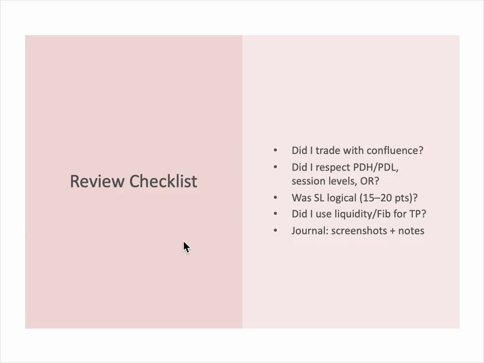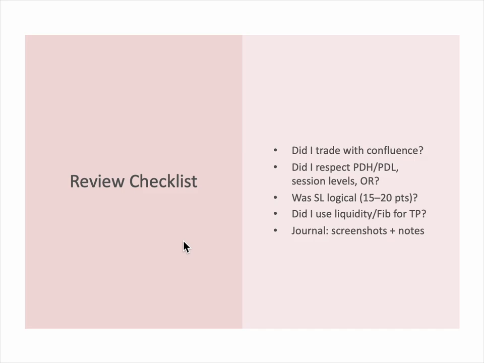So now, after all that I've said, usually I have this sort of review checklist that I do for myself. Did I trade with all my confluences? Did all my confluences hit the spot? Were they all respected? Did I respect previous day highs, lows, and different session levels as well, and the opening range? Was my stop loss logical, right?